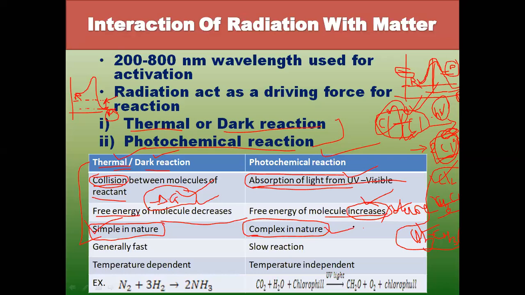Then, a thermal reaction is a fast reaction, and the photochemical reaction is slow because it requires more activation, and activation takes more time. That's why it is slow. A thermal reaction definitely depends upon the temperature, while the photochemical reaction is independent of temperature.